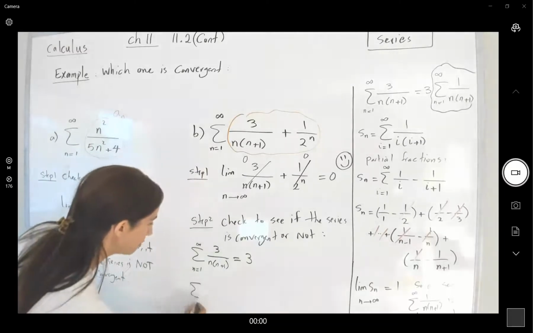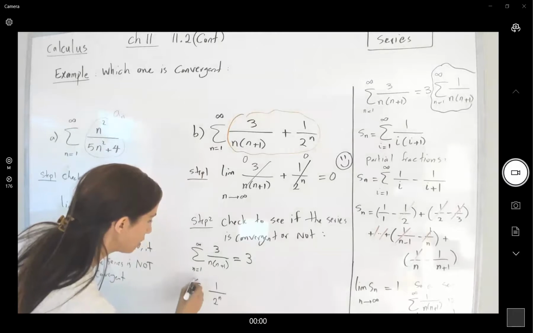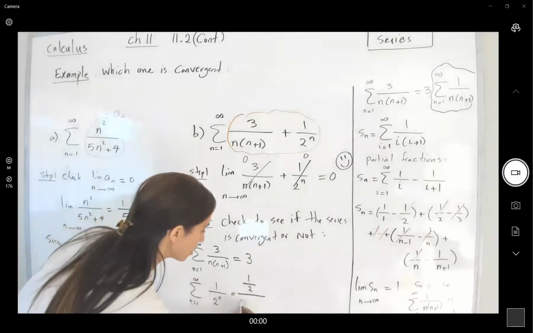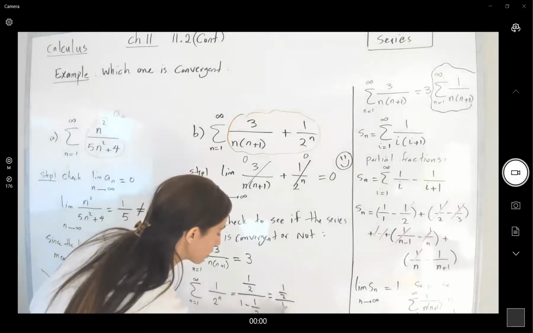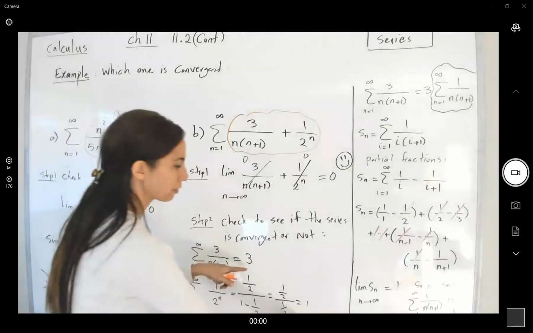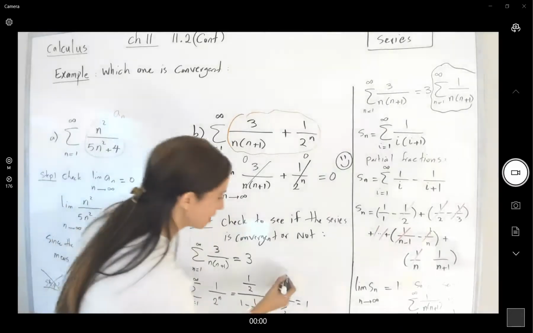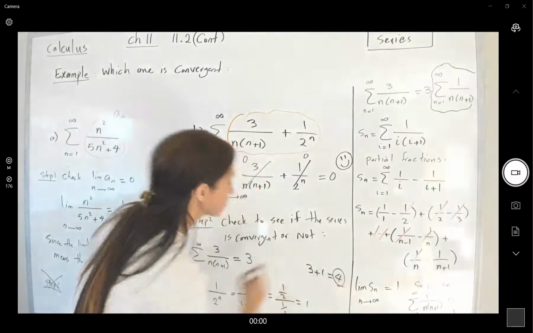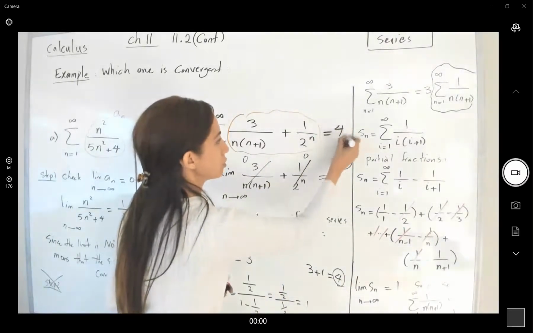The sum of 1 over 2 to the n, from 1 to infinity, is equal to a half divided by 1 minus a half, which is a half divided by a half, which is 1. So if I add 3 and 1, the sum is 4. So this series is convergent to 4.